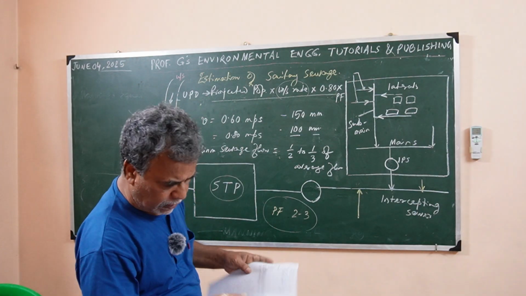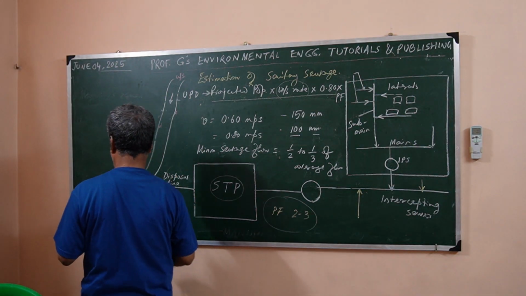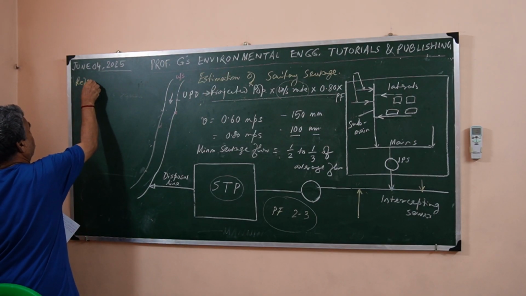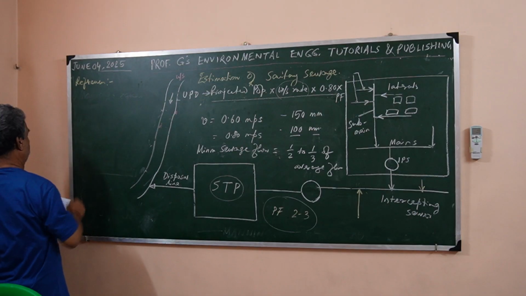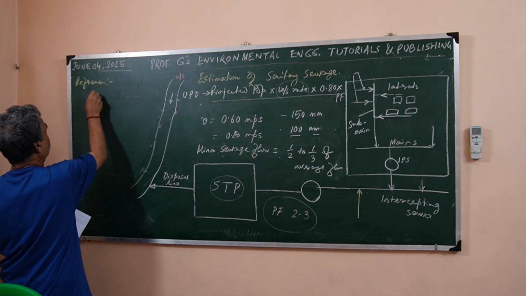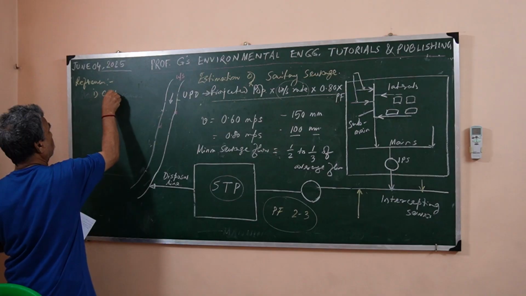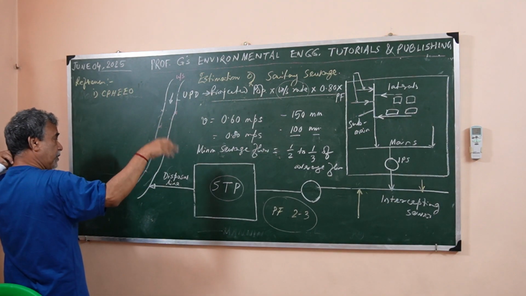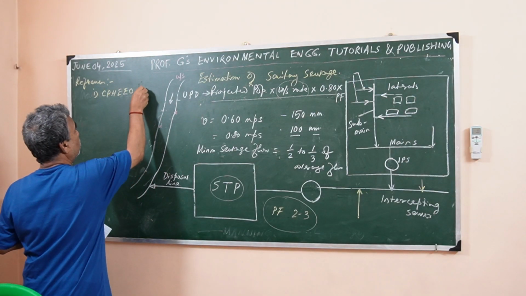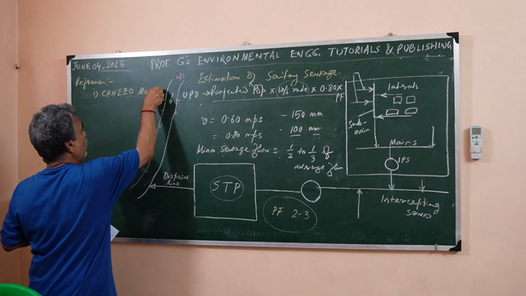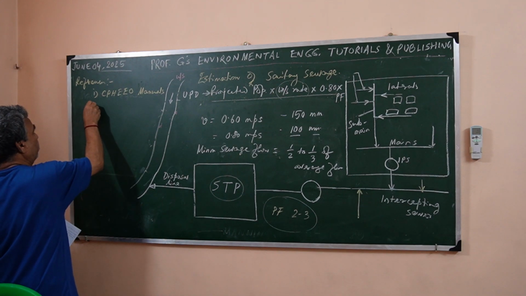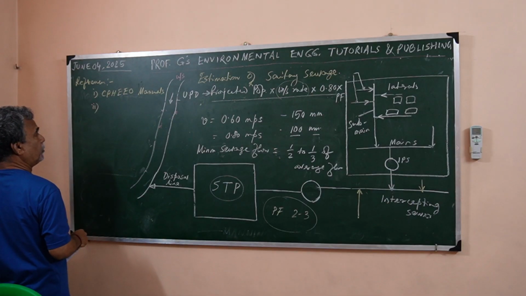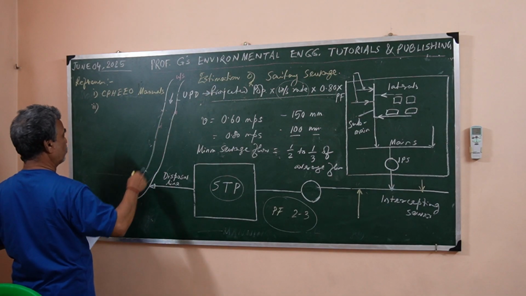Now what I was trying to say is the major references, if you can note down. One is the CPHO manual, I have explained already, where you can freely download these CPHO manuals. I have also told that these manuals are for water supply, for sewerage and wastewater treatment, and also for solid waste management.